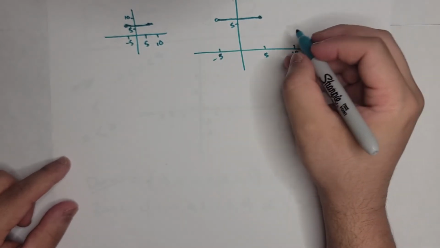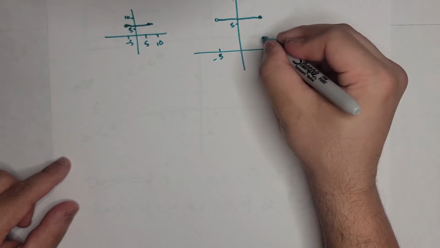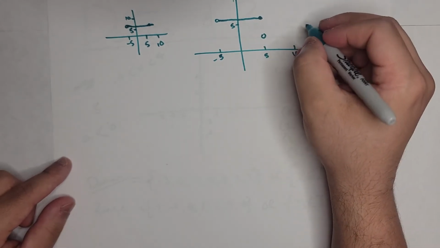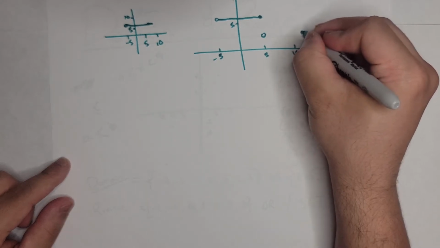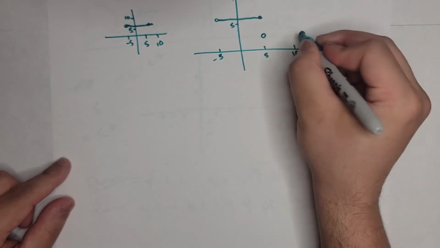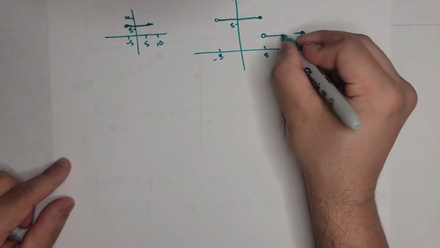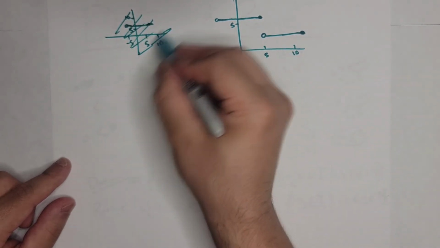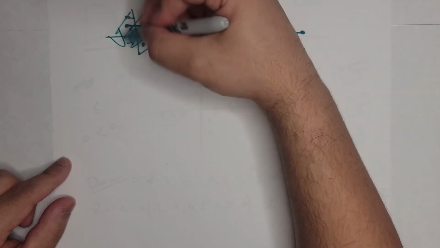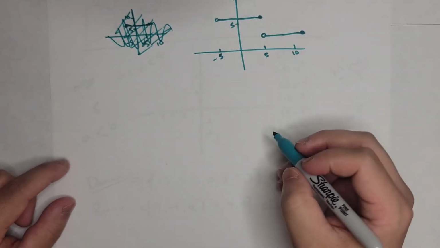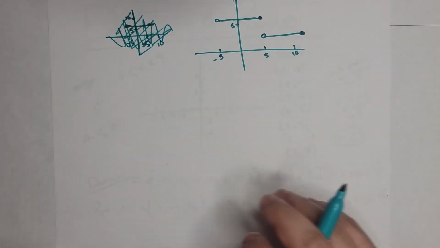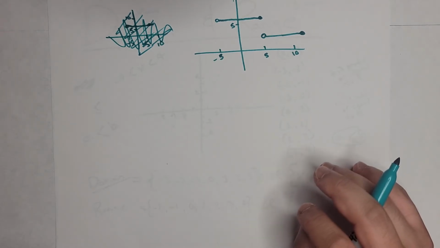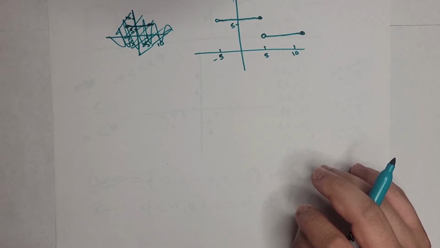And then let's make another one, an open dot, and go till just past 10. Okay, now that we have this, let's look at the domain and range for this function.